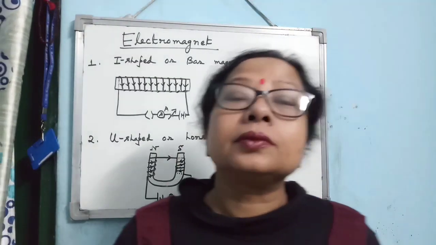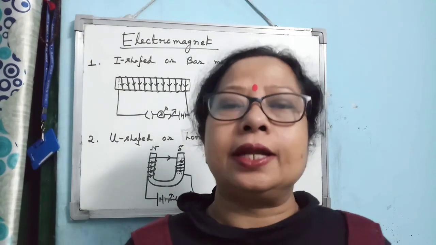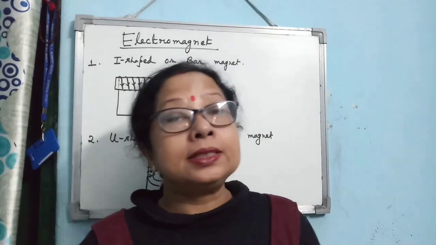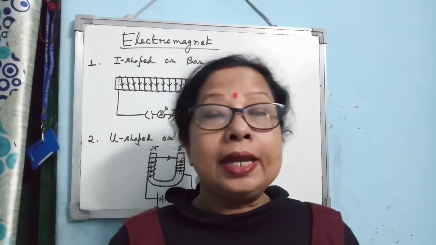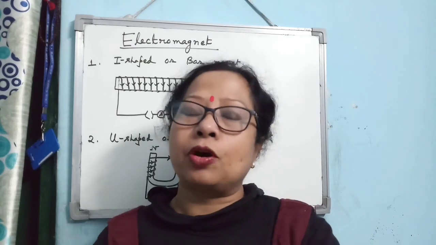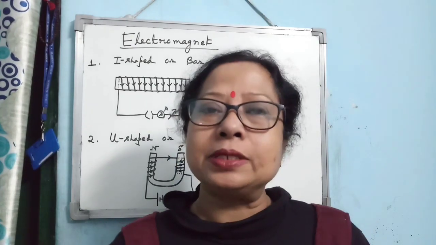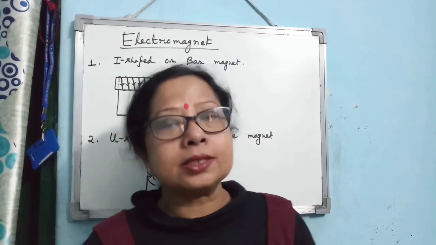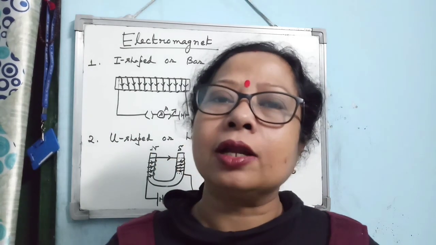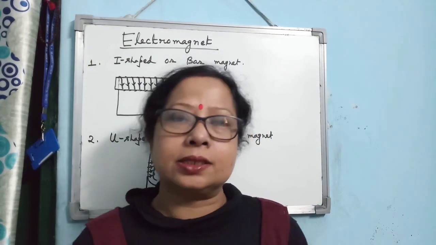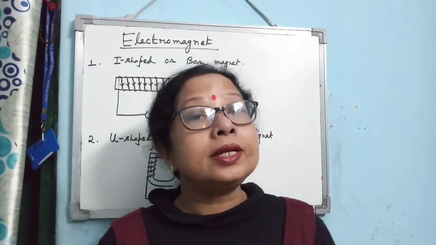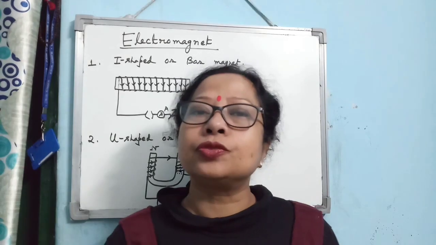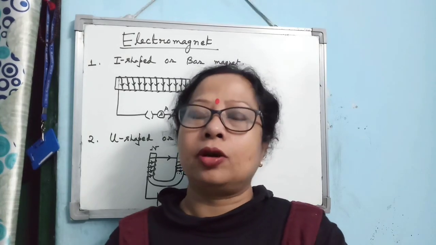The electromagnet definition you will not get directly, just like the solenoid definition, in the board exam. You may get a question to write one word for it. Follow the two statements. First statement: a long cylindrical coil whose length is much greater than its diameter. The one word is solenoid.